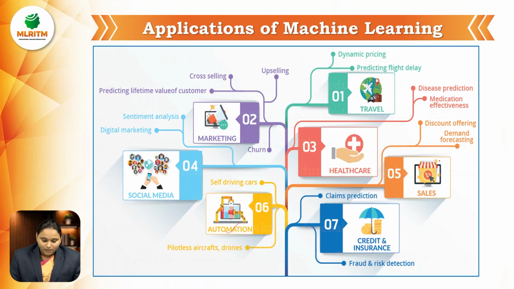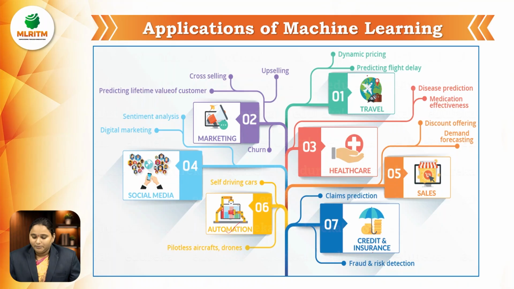In the marketing field, we take the lifetime value of a customer for prediction. Next, in cross selling, how much the cross selling will be, and upselling and churn. Next, in social media, we have digital marketing and sentiment analysis. This comes under machine learning. And in automation also, we have self-driving cars, pilotless aircraft, and drones.